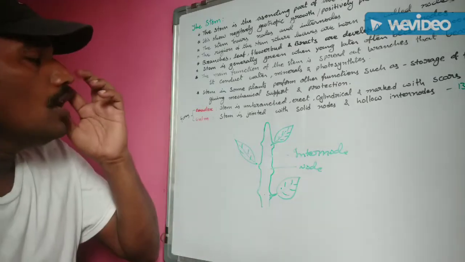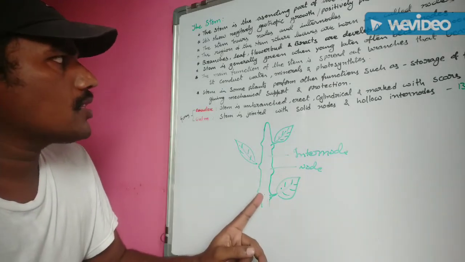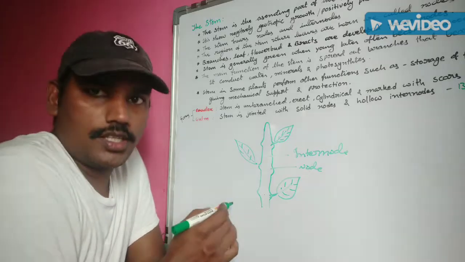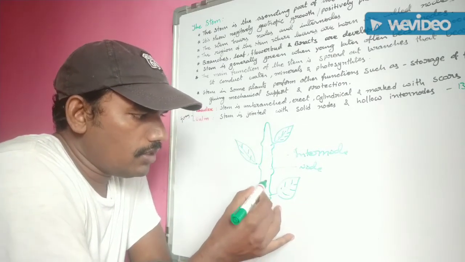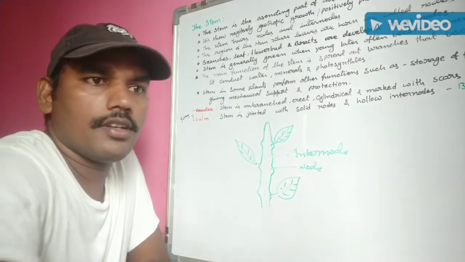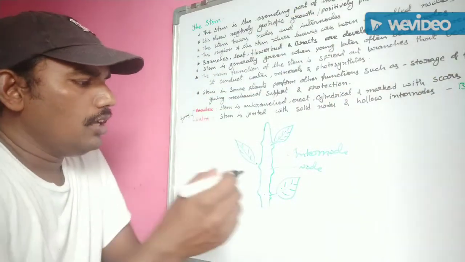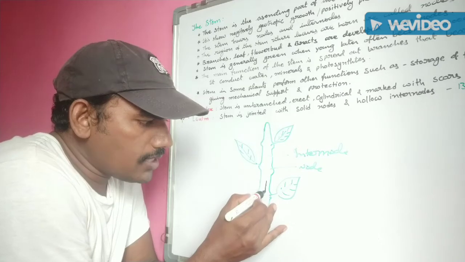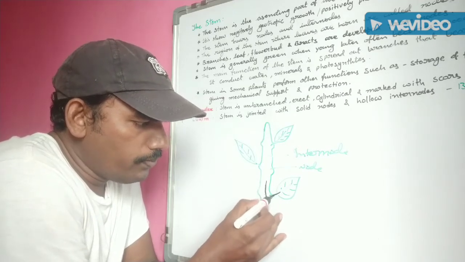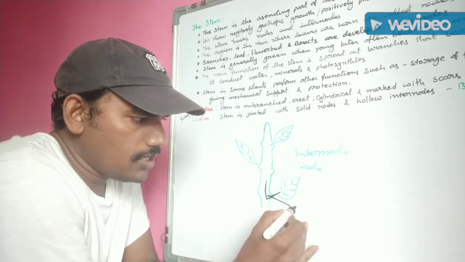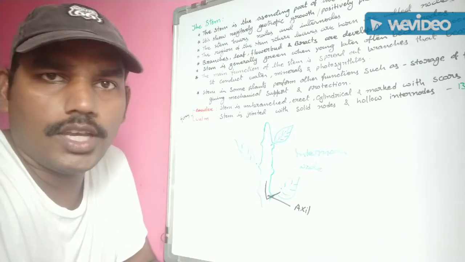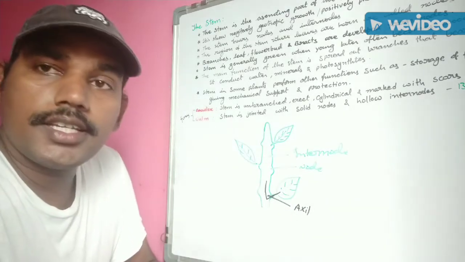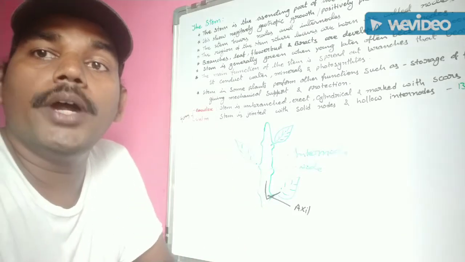Understand? So the nodal region bears branches. This one is the leaf, and this one is the main axis. The region in between the axis and the leaf is known as the axil. In this axil region there is an axillary bud.